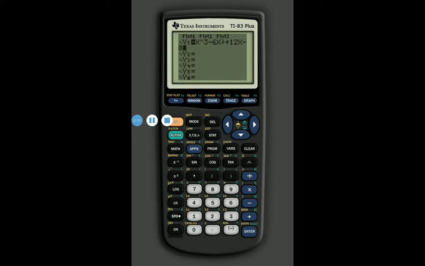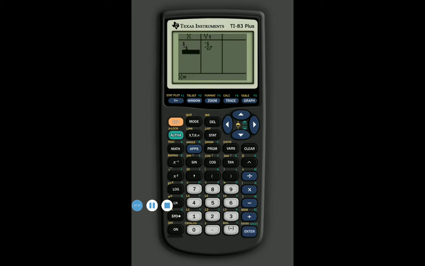So I'm going to go to second and table. And I'm going to type in my values.